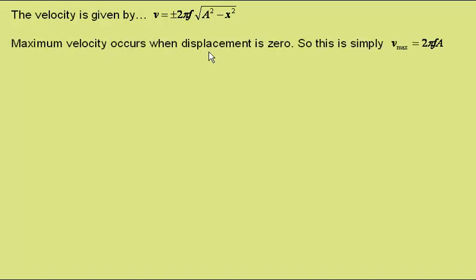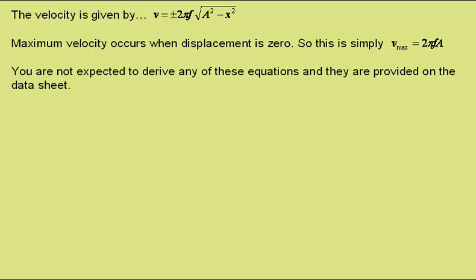The maximum velocity occurs when the displacement x is 0, and in this case the velocity will be given by plus or minus 2 pi f times the square root of a squared, which is simply a, giving this expression for the maximum velocity. You're not expected to derive any of these equations, and they are provided on the datasheet.